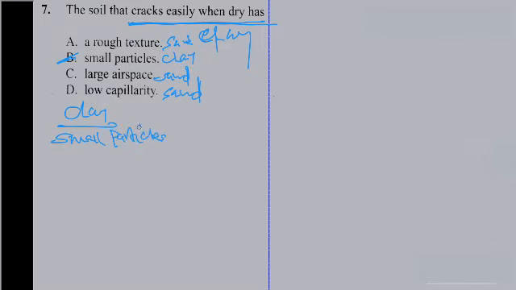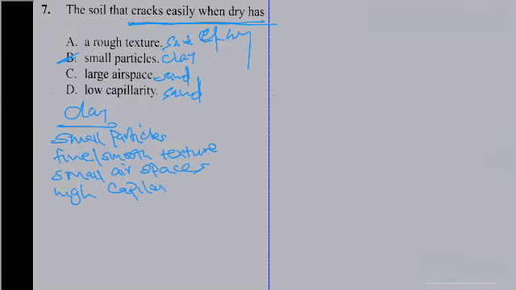Small particles, fine or smooth texture, small air spaces, that is between the particles, high capillarity, poorly drained, and because it is poorly drained, it can easily get waterlogged. It has high water retention.